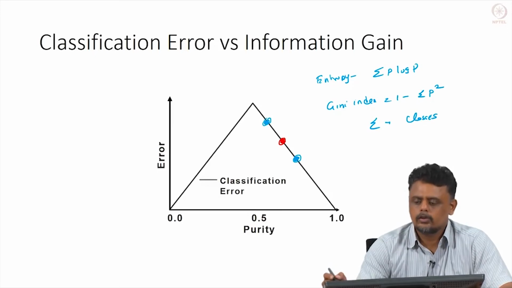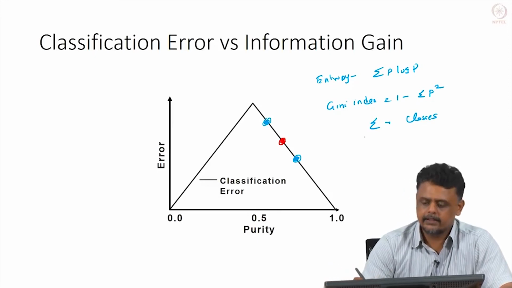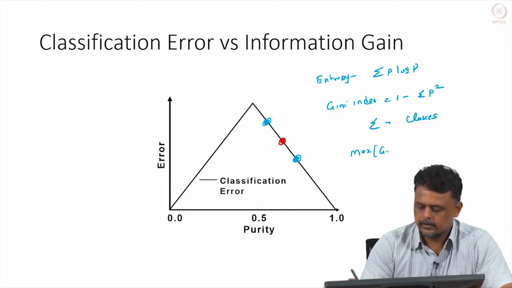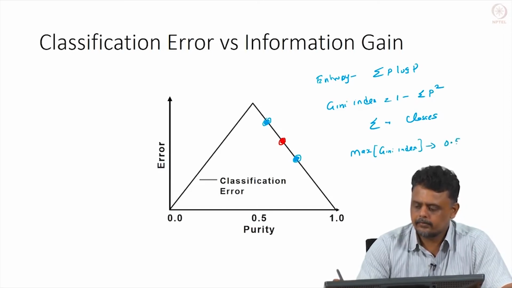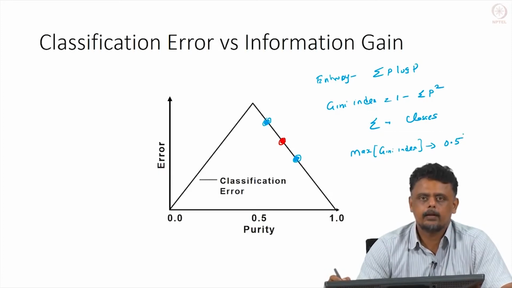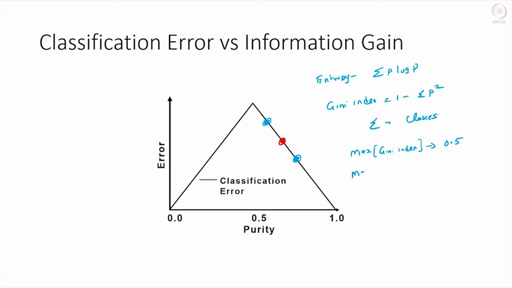The maximum value of the Gini index is 0.5, you can verify that. Same thing for the classification error, which I will call CE, the maximum value is also 0.5. For the entropy, for a 2 class problem, the maximum entropy is 1.